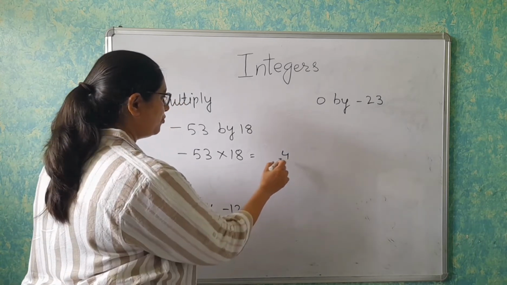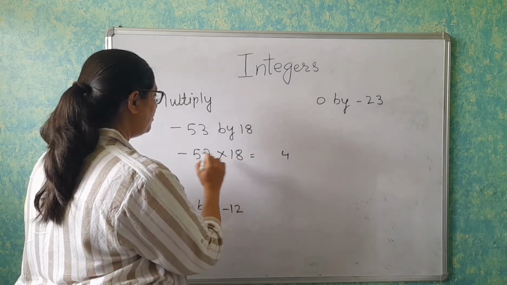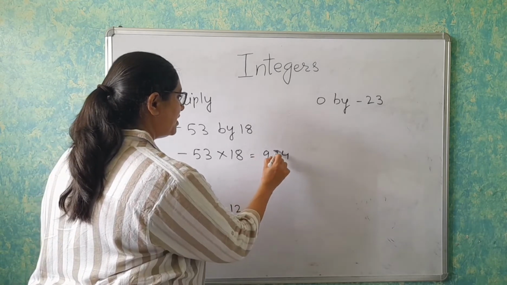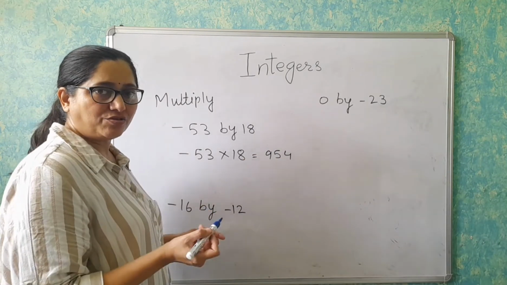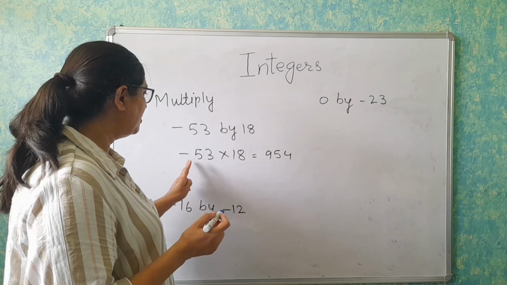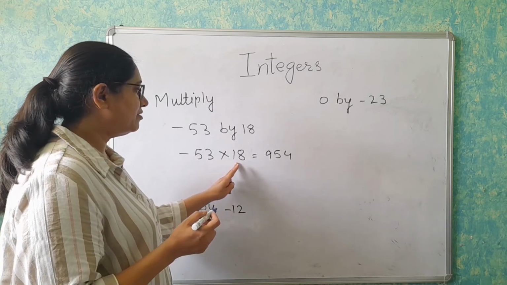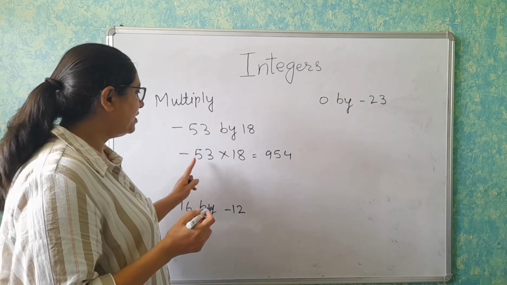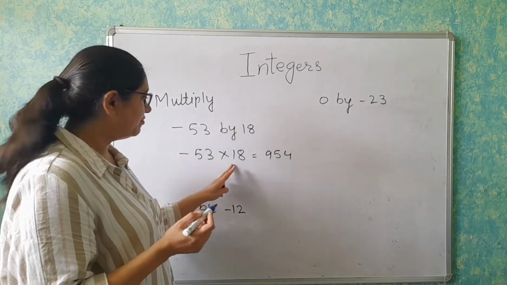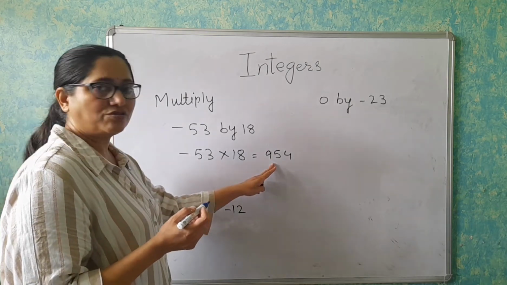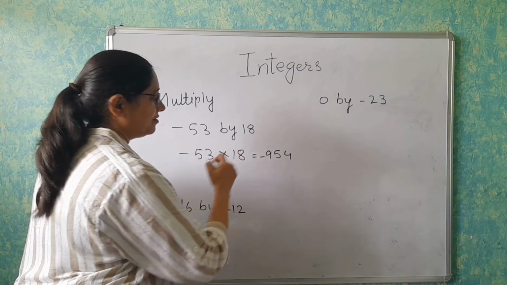So I can write 4. I have to carry 2. 8 fives are 40 plus 2, 42. As you know the rules of multiplication, one negative integer and one positive integer. When we multiply one negative integer with one positive integer, the answer is always a negative integer.